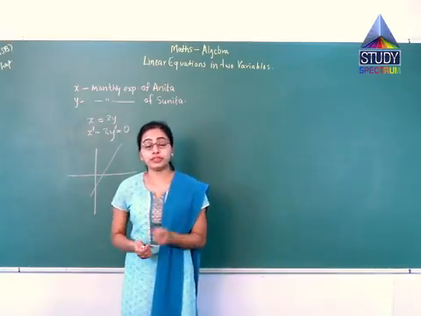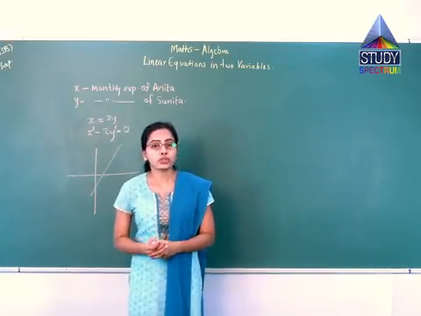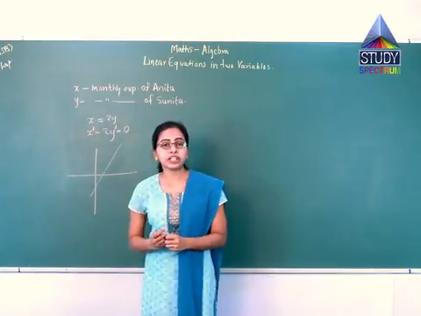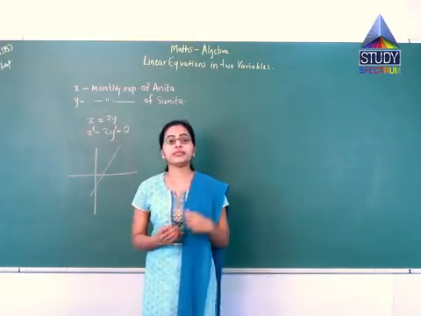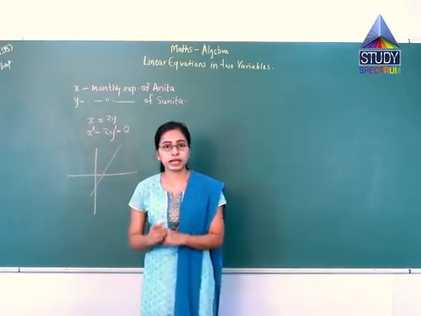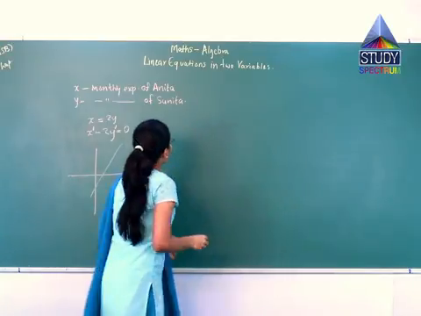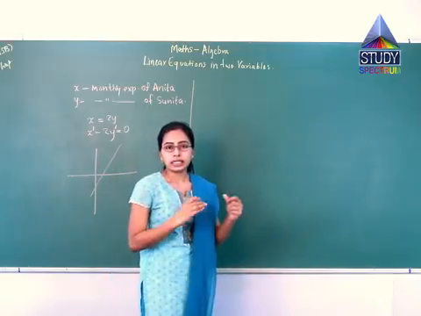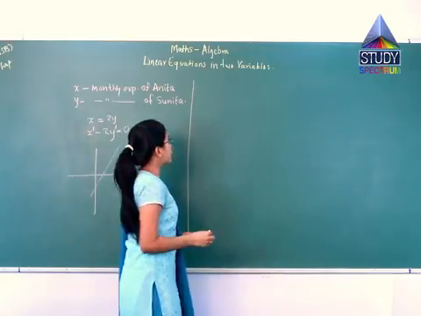Now in this chapter we will study how to solve these equations and how these equations have wide application in different fields of mathematics as well as in the fields of science. Let us study first the different forms of linear equations.